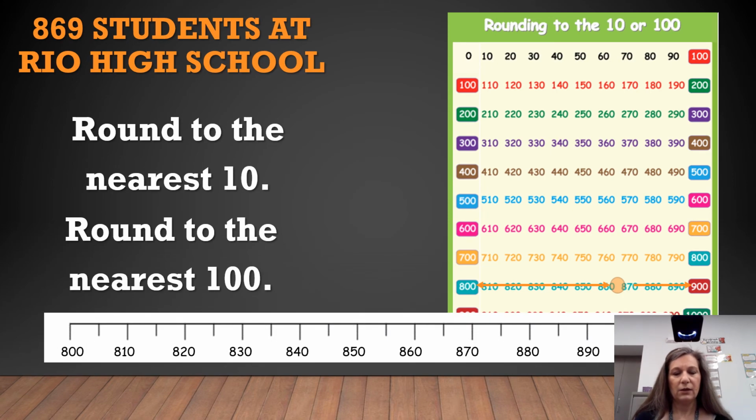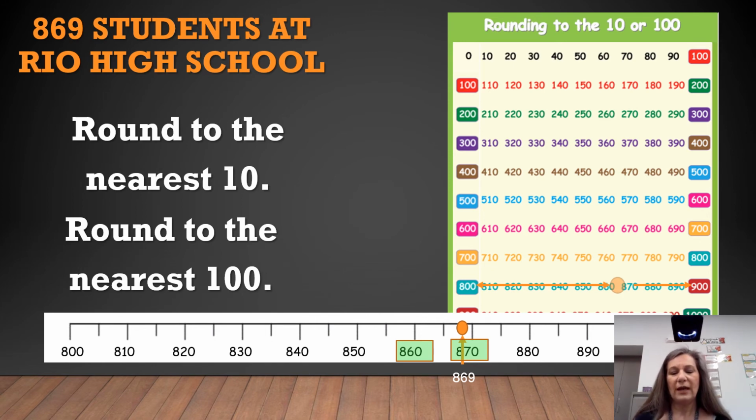So again, looking at our number line, we're going to plot our point. It's 869. It's right before 870. So we look at the two tens that it is between, which is 860 and 870. Then we are going to look at our ones place, the place value to the right.